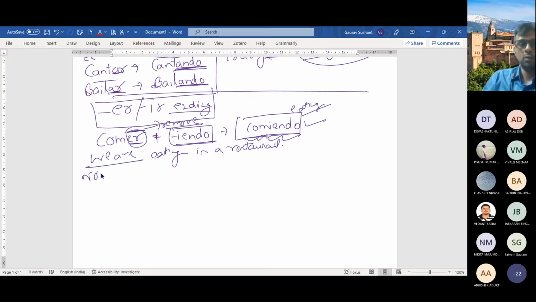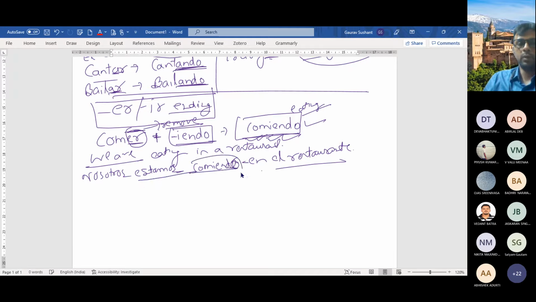So, nosotros estamos comiendo en el restaurant. Okay, so you can see we are again using comiendo.